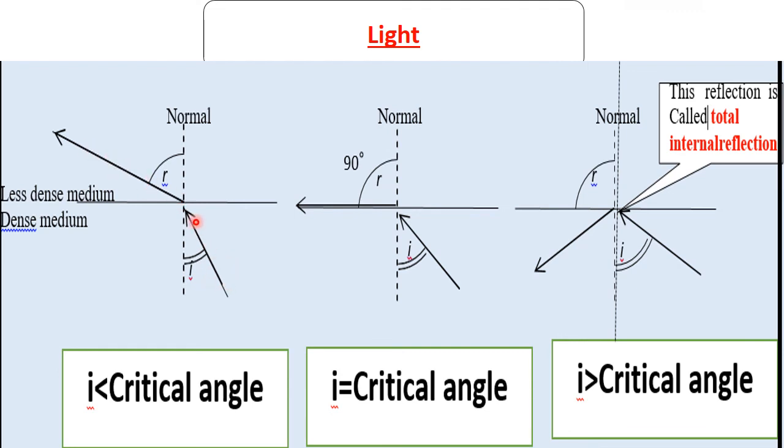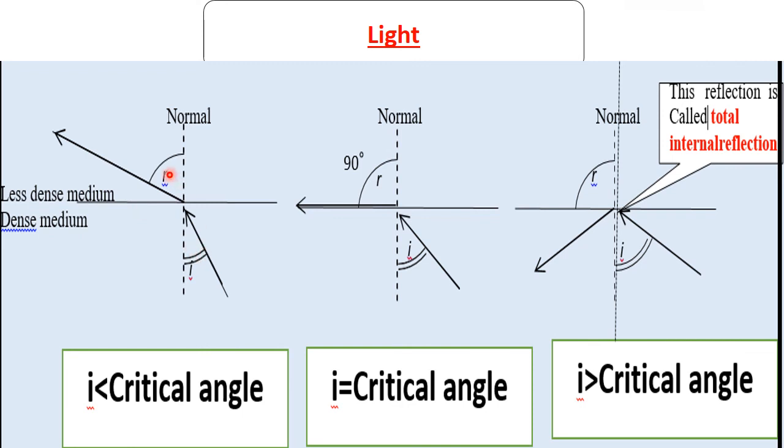So in this situation, when a ray comes here and there is an angle of refraction which is less than 90 degrees, then in this case the incident ray here is at an angle which is less than the critical angle. The critical angle should give you 90 degrees. So what happens is, if you keep on increasing the angle of incidence, the angle of refraction will be increasing here.